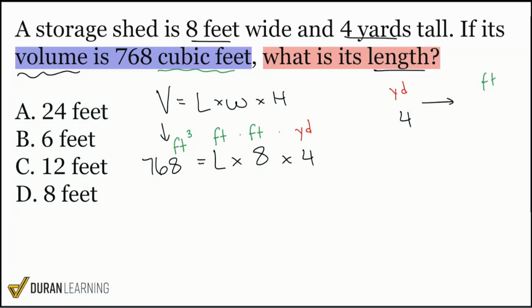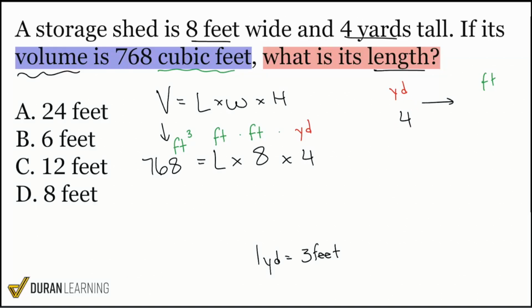My party people, to go from yards to feet, 1 yard equals 3 feet, are we going to multiply or divide the 4? Yeah, the answer to that is going to be multiplication. To go from the bigger unit to the smaller unit, what we will do is we will multiply by that conversion, that 3.